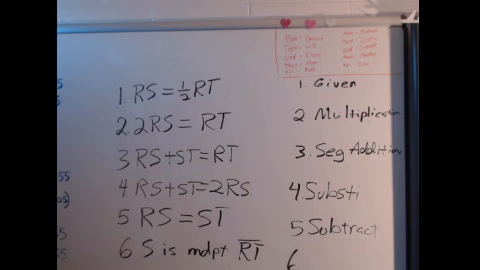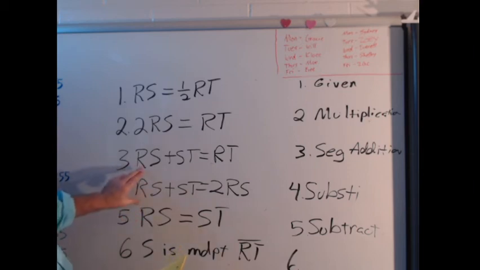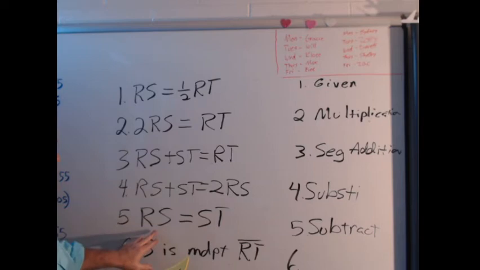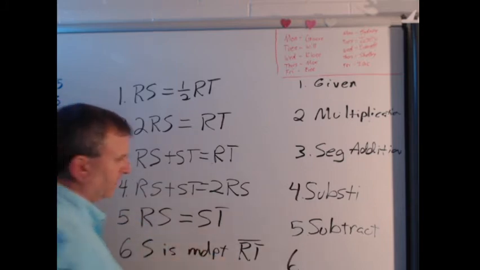Or I'm sorry, when I subtract both off of here, do you see what happens with RS? RS is equal to RT, RS is equal to 2RS. So if that's taking place and I come up with the same amount, then I know RS is equal to ST, by subtraction. And then I'm able to prove that S is the midpoint.